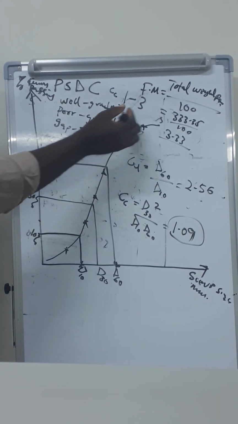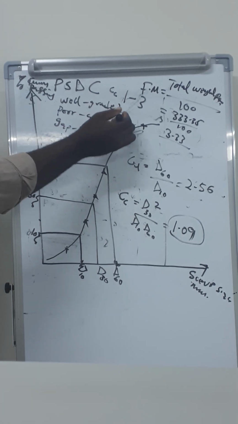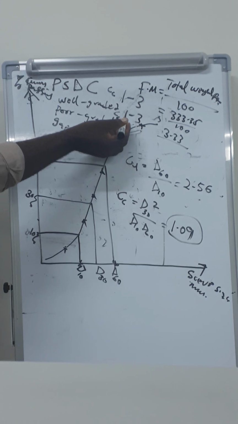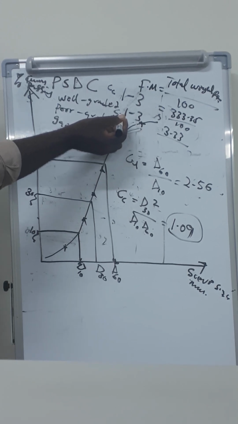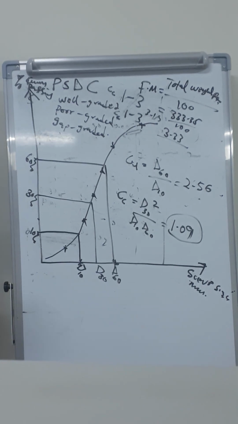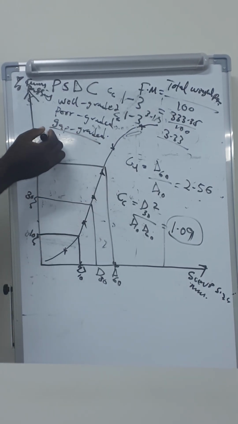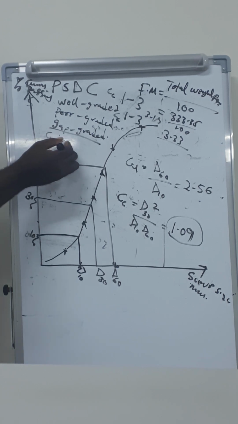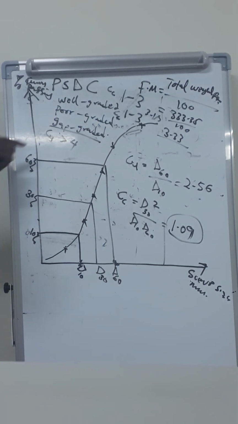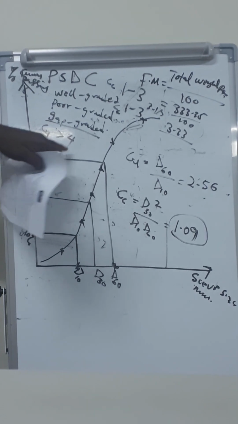If it's poorly graded, the value of Cc will be outside 1 to 3, for example 0.99 or 3.1. If it's gap graded, the value of Cu must be greater than 4.